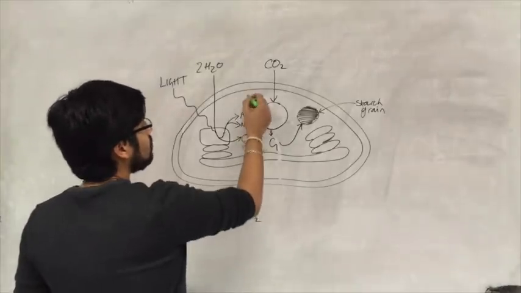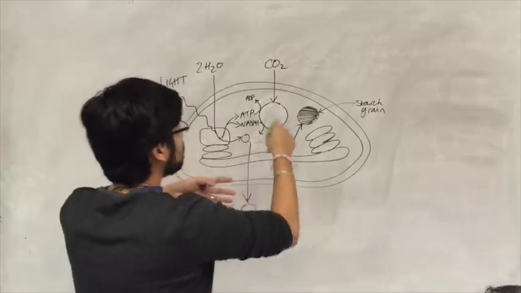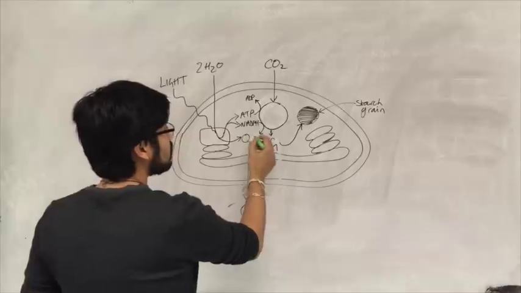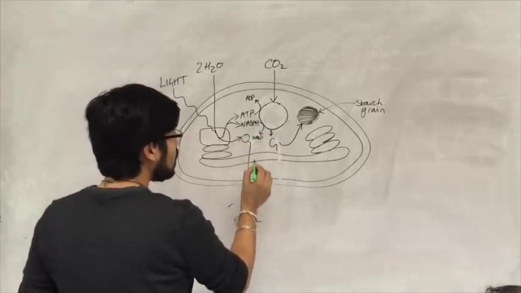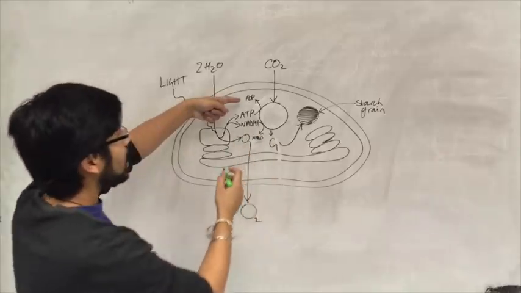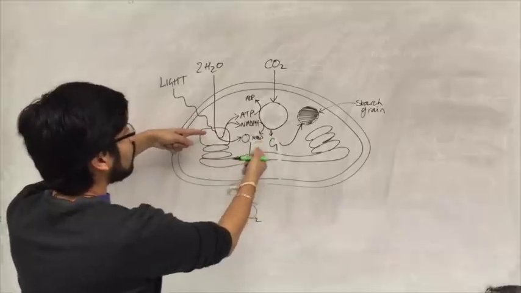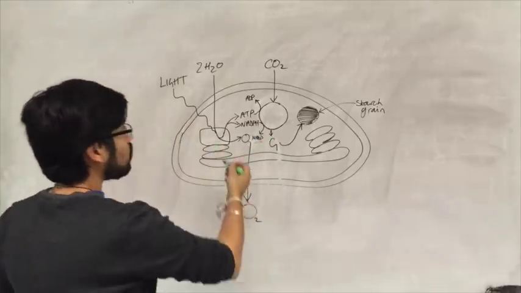The energy from the ATP will be used to drive the cycle, and we'll get ADP from that, and the NADPH will come back to NADP. That ADP will go back to the thylakoid, and that NADP will go back to the thylakoid to get re-energized, as it were.